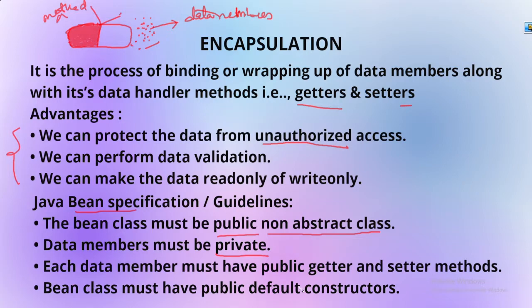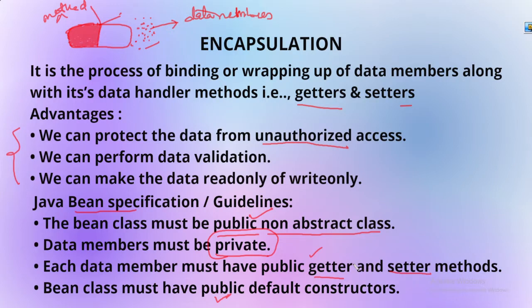Each data member must have a public getter and setter method. What are the getter and setter methods? We'll see it in the program. The Bean class must have a public default constructor. So always remember, the class should be public, the constructor should be public, and the getter and setter methods also should be public, whereas your data members should always be private.